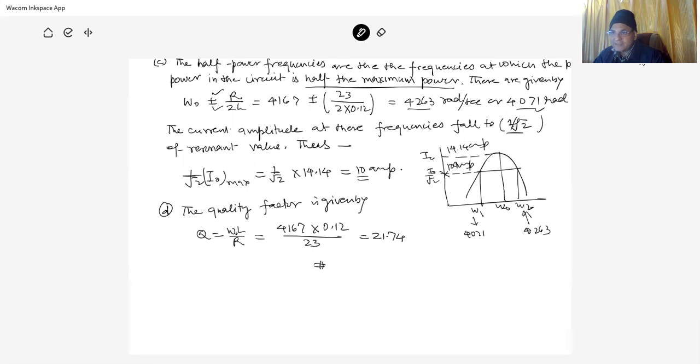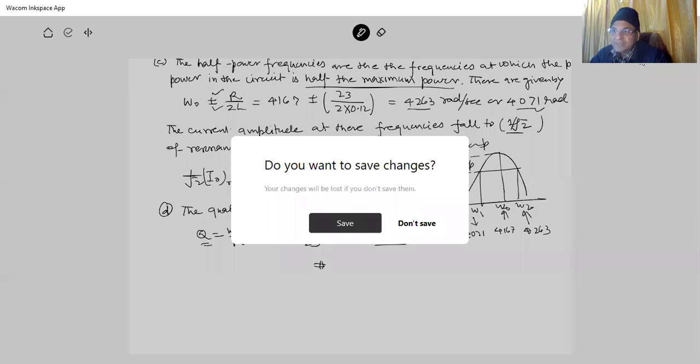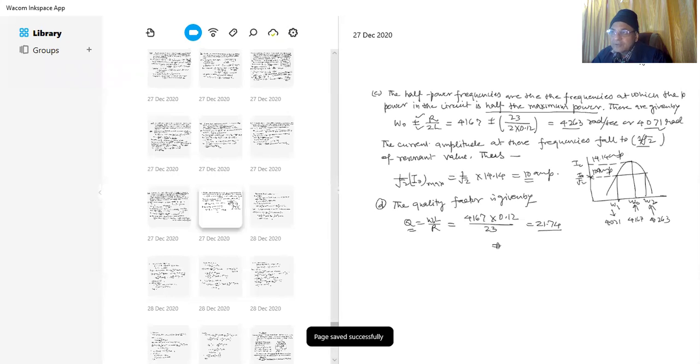The quality factor Q is given as omega 0 L by R, the quality factor of the circuit. This omega 0 is 4167, so 4167 into 0.12 upon 23 gives 21.74, which is the quality factor of the given circuit.